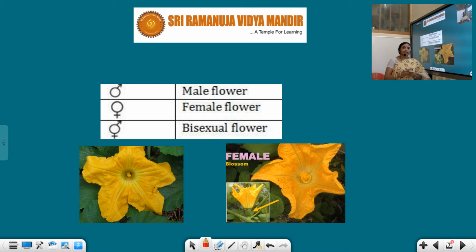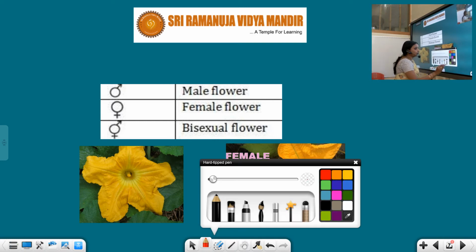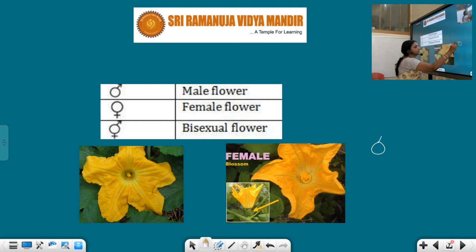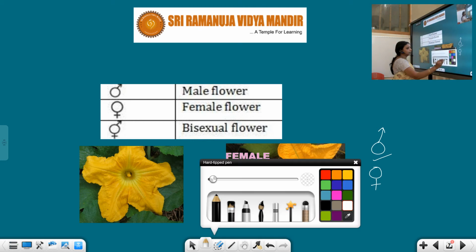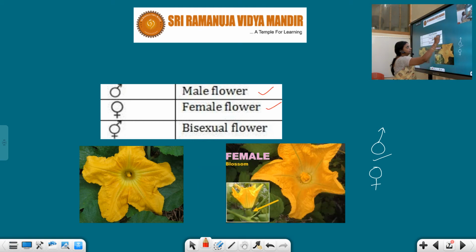So to show a male flower, you just draw a circle like this and put this arrow mark. This sign is for a male flower. And if it is a female flower, then the same small circle and a plus sign. That is for a female flower. So here male and female.